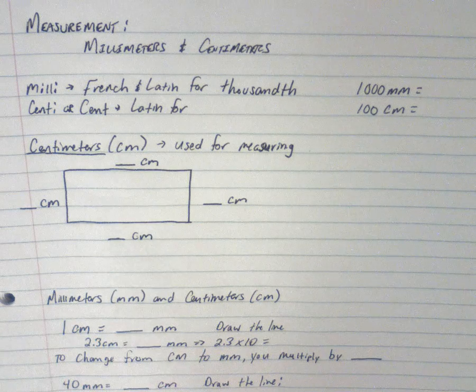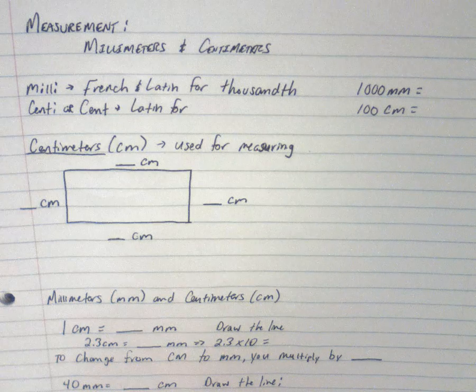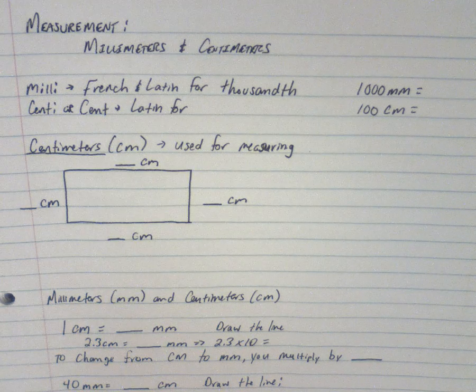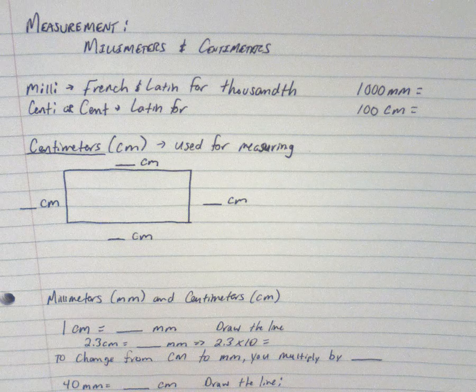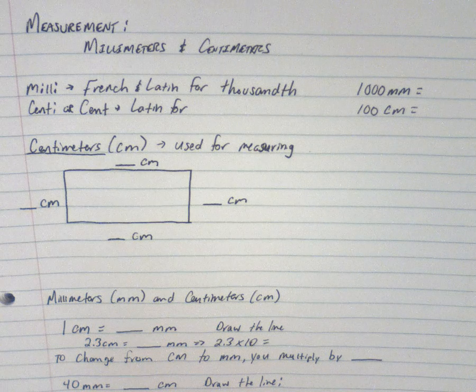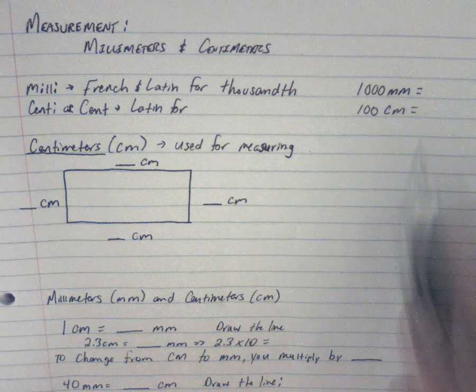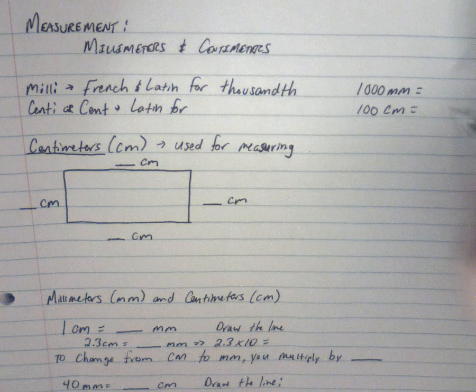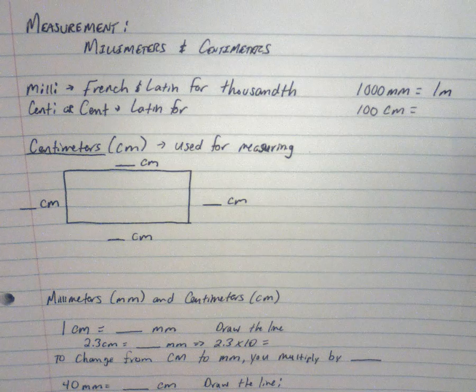Now when you use that word thousandth, that's not thousand, it is less than zero. What I mean by that is that if you have 1,000 millimeters, you get 1 meter.